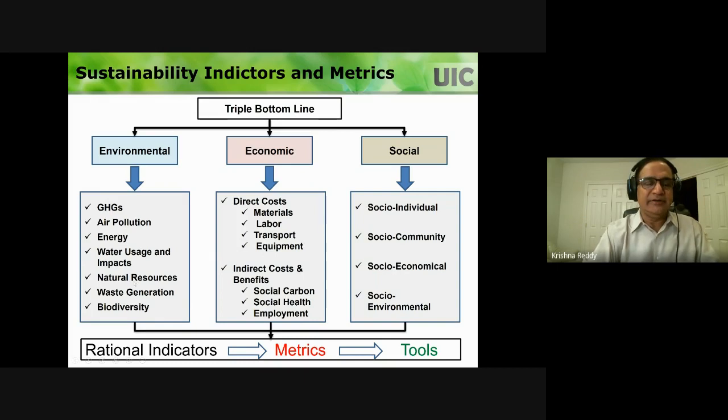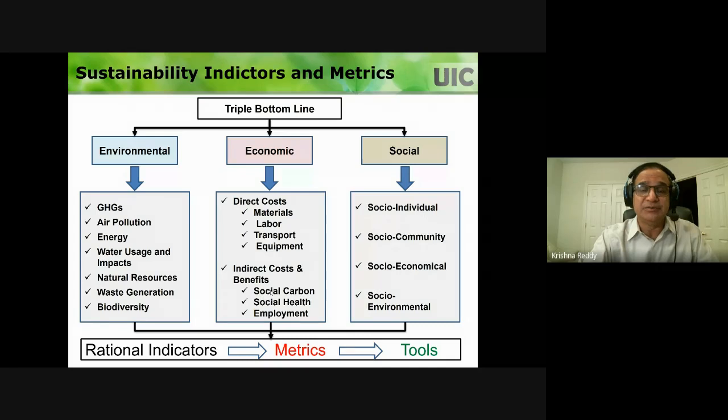So these are all typical indicators that you can consider for environmental. And economic, these direct costs, we know very well how to calculate these things. And then indirect costs are the ones that we were not aware of in the past, but now it's becoming very, very important to consider.